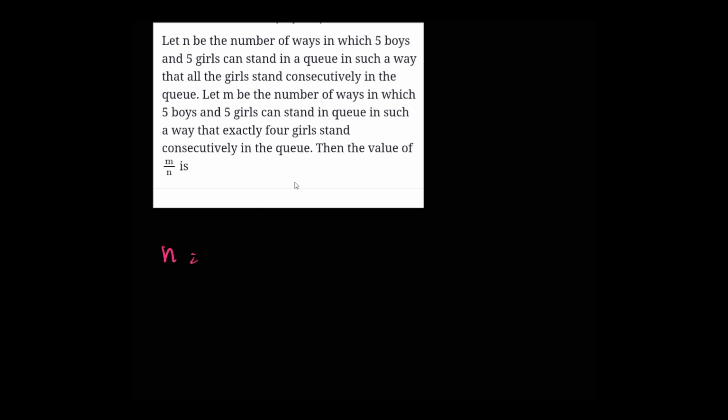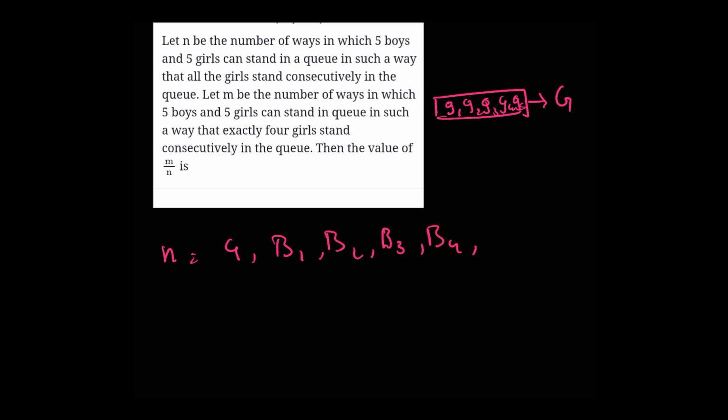For n, let us make a new term called G, where we are grouping all the girls into one group, like g1, g2, g3, g4 and g5. Let us make this whole group as one singular letter. Then we will arrange G, B1, B2, B3, B4 and B5.